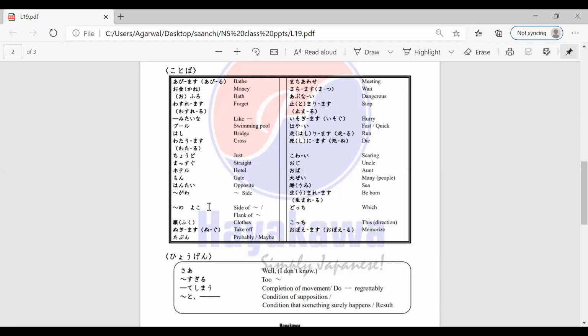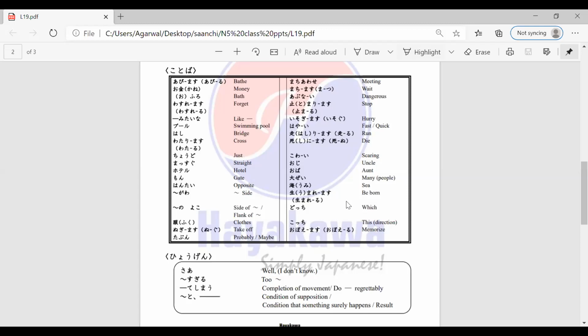The next word is oji, which means uncle. The next word is oba, which means aunt. The next word is ooze, which means many people. The next word is umi, which means sea.